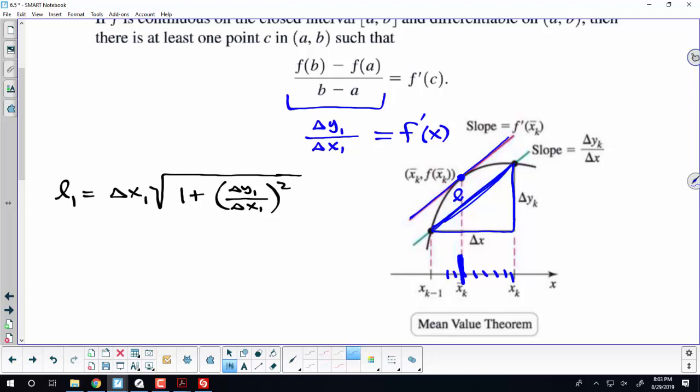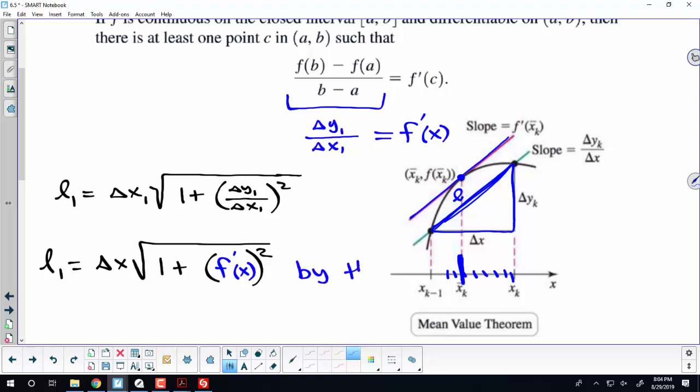So that's how we work this function in here. We have then L1 is delta x times the square root of 1 plus f prime squared by the mean value theorem.